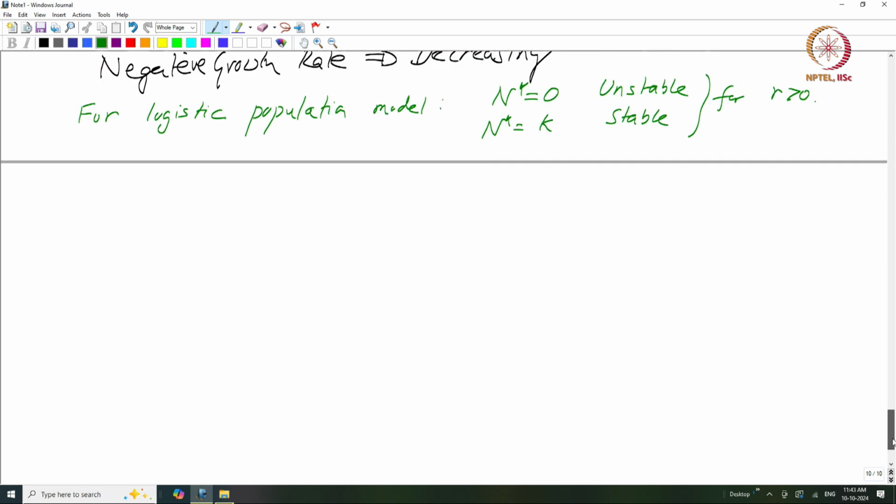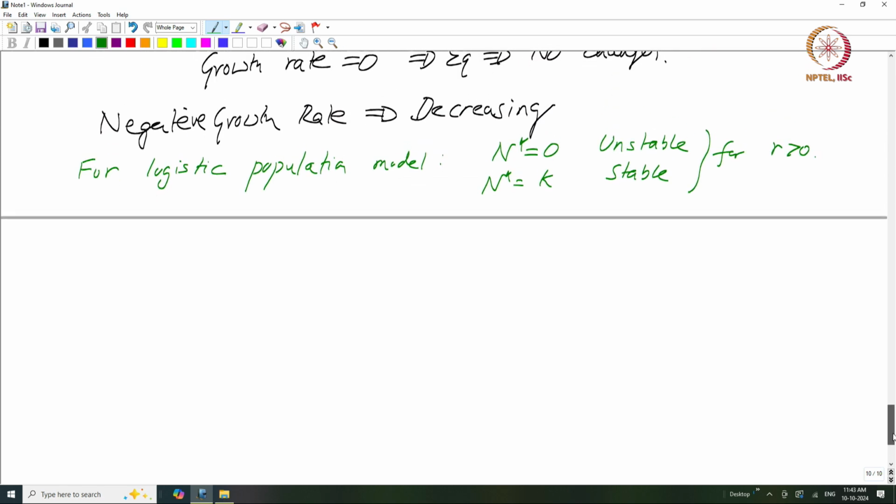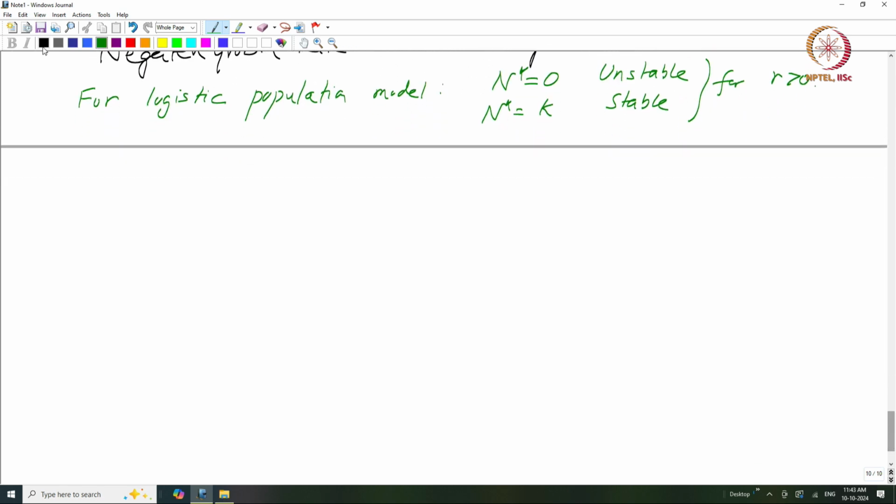Okay. So, now having done this, let us do one final bit, which is to see if we were to plot n as a function of time, how would that look like. For the density independent case, it would just increase exponentially.